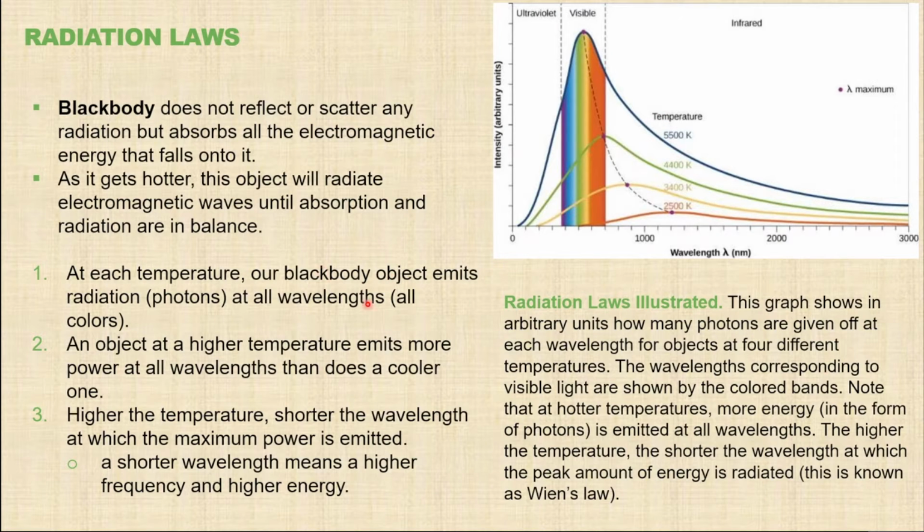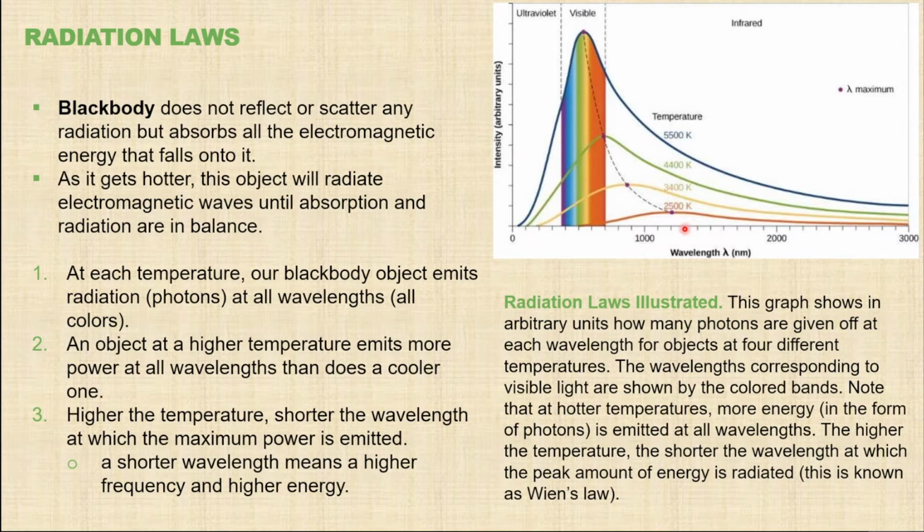At each temperature, our black body emits radiation. Radiation is emitting photons. Radiation is also a wave, and we say light behaves as both wave and particle. So radiation means individual photons at all wavelengths.